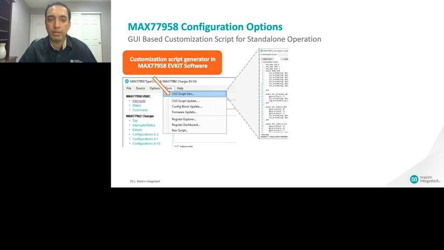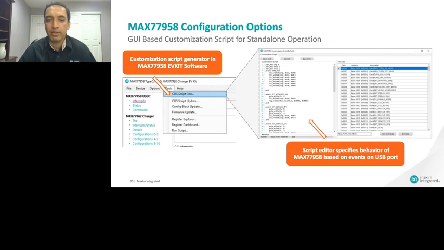When you open that interface, you have an interface where you can type in the commands that you would like to act on. Depending on the different types of events that occur on the USB port, it generates an event list that you can perform customizations on. Let's take a look at some of the examples for this.